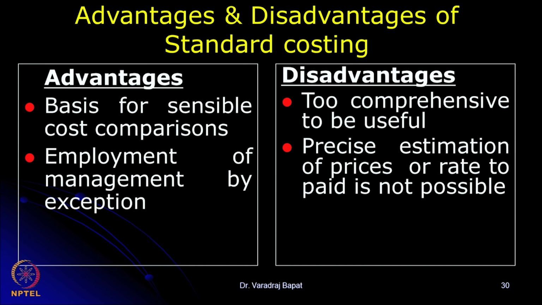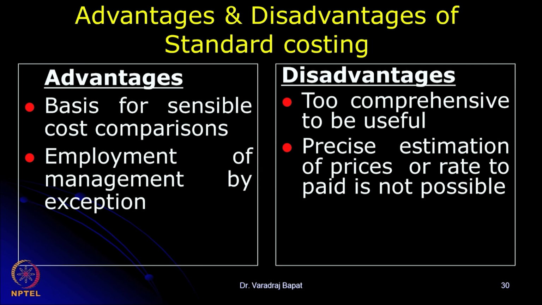There are a few disadvantages also. It is too cumbersome and too comprehensive to use, because it is not very easy to set up the standard cost and keep on revising it. So it becomes difficult to use it in practice. It is very difficult to estimate prices and rates, because markets keep on changing.